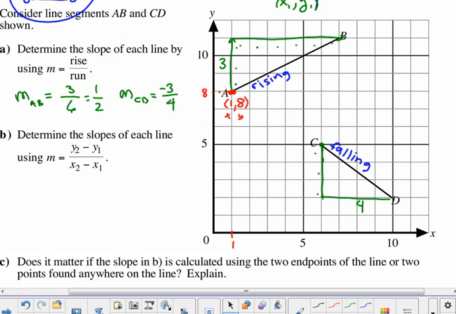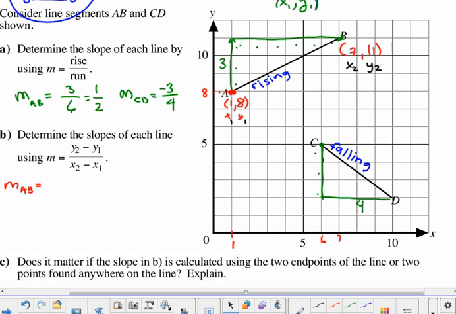And our B value, looking down, x is 7, comma, y is 11. So using our formula, slope of AB, we have to figure out who's going to be point 1 and point 2. I usually like to use the first point on the left as point 1, and the one on the right is point 2, so x2, y2.